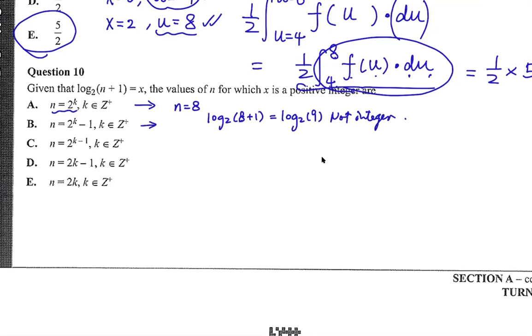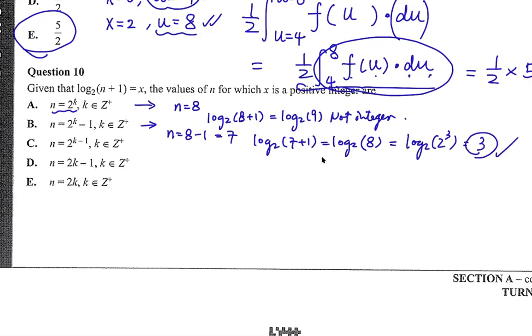Let's say n equals 8 minus 1, which is 7. So log 2 of 7 plus 1, which is log 2 of 8, and this will be log 2 of 2 to the power of 3. Okay, 3, a good integer. Let's choose B. Then you don't need to look at the rest of the options. Just move on.